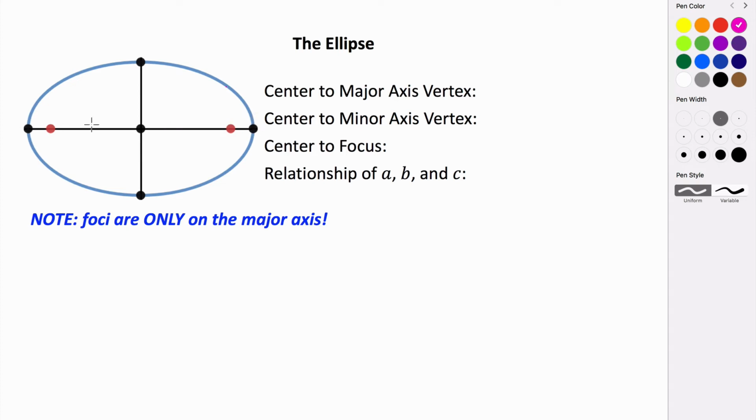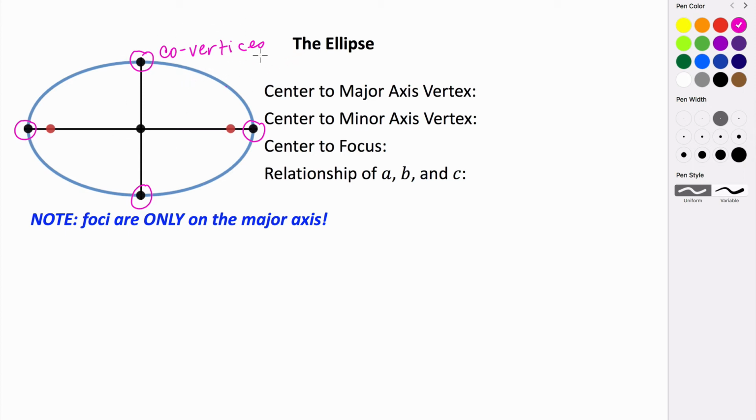The points on the outside of the ellipse where our axes intersect the ellipse are called vertices. Now, the vertex that the book refers to is primarily the vertex on the major axis, so these ones here. However, the ones on the minor axis are also vertices. They're sometimes called co-vertices, because they're not always deemed as important.